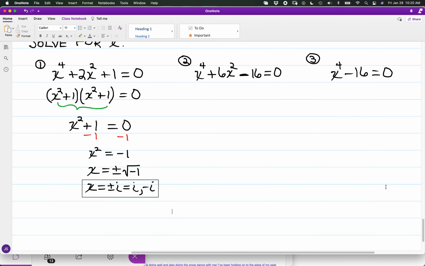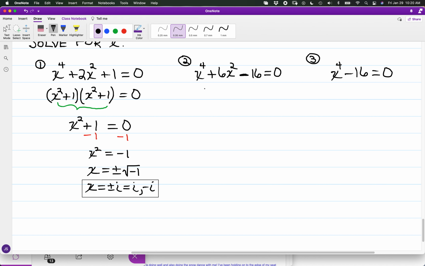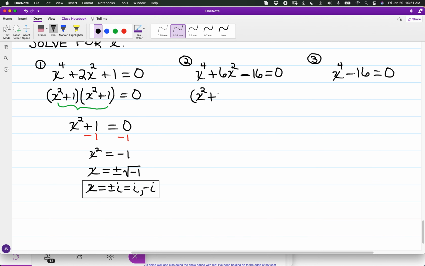All right, now for the next equation, we have x to the 4th plus 6x squared minus 16 is equal to 0. So from x to the 4th, this will go to x squared, and factors of -16 whose sum or difference will be on the plus side at 6. Now we're going to have more weight given to the adding than to the subtracting.